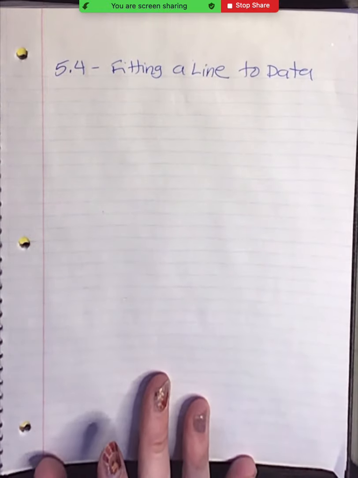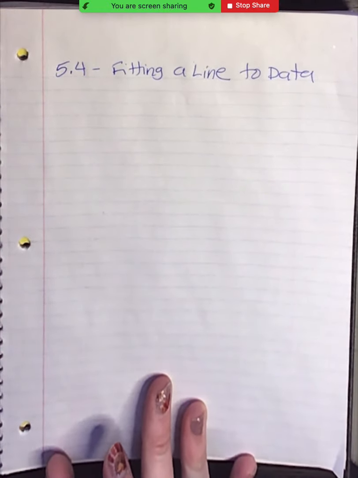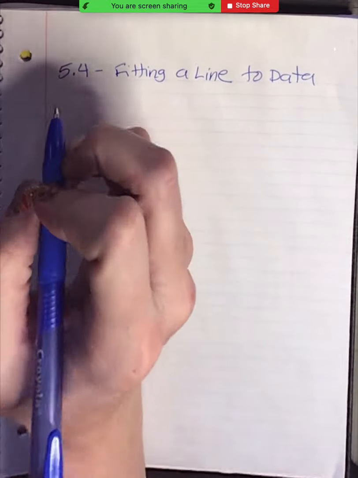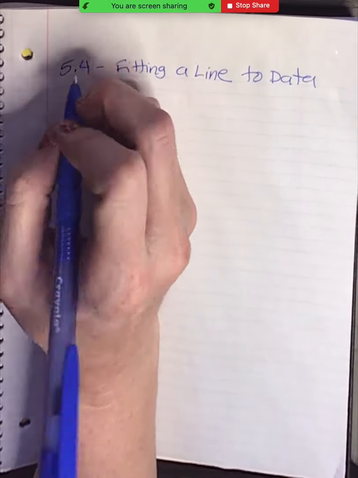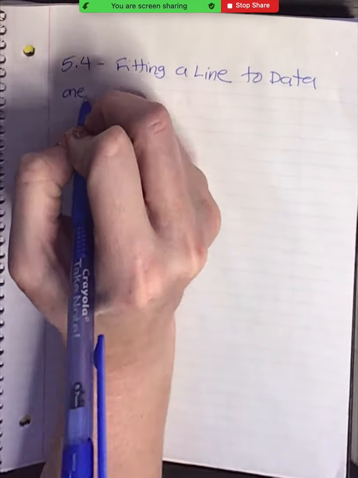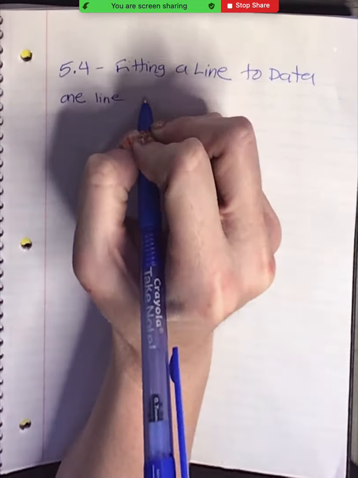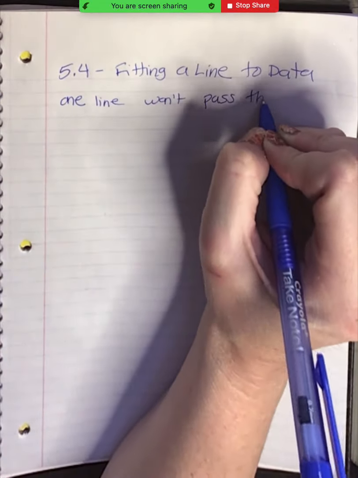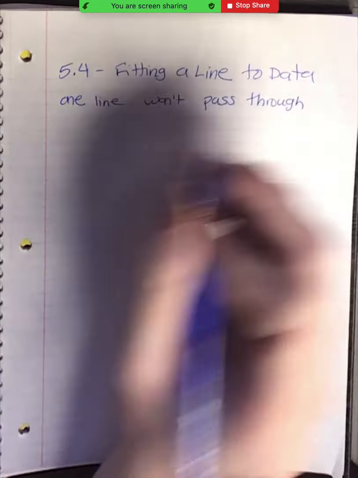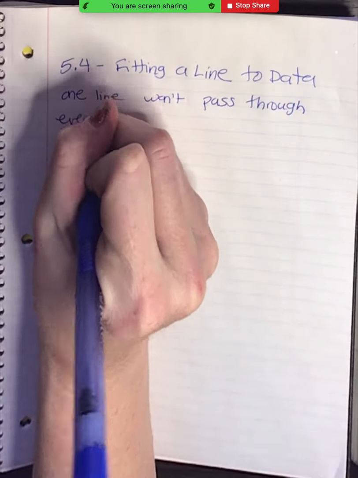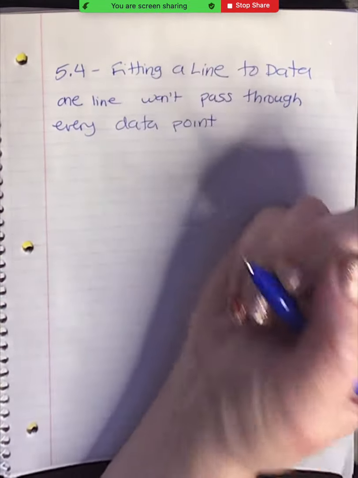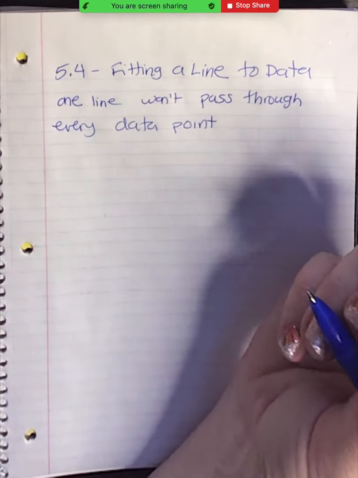Okay? So what happens is you're going to be given data, and generally one line is not going to pass through every single point. But you'll see a pattern and see that it tends to be linear.